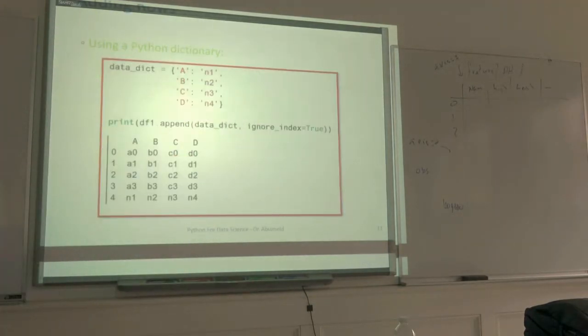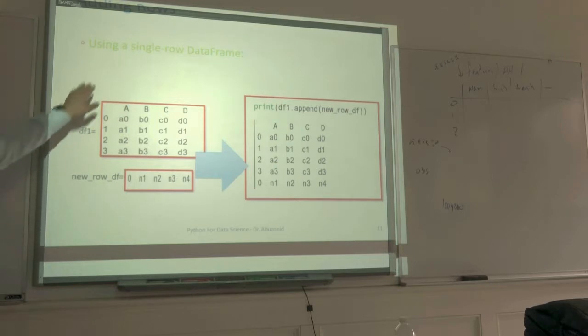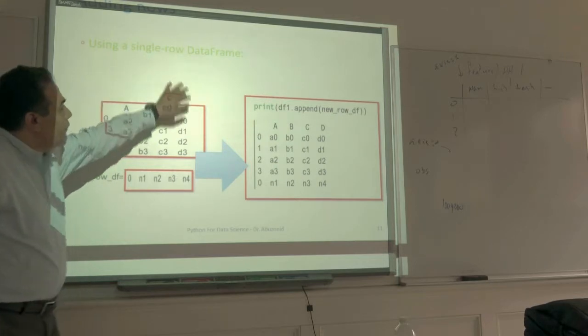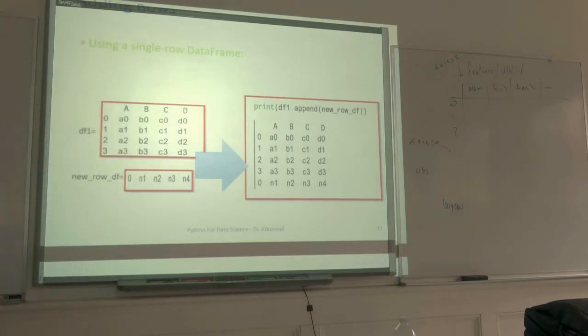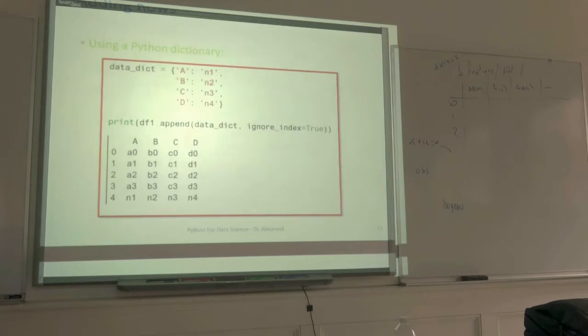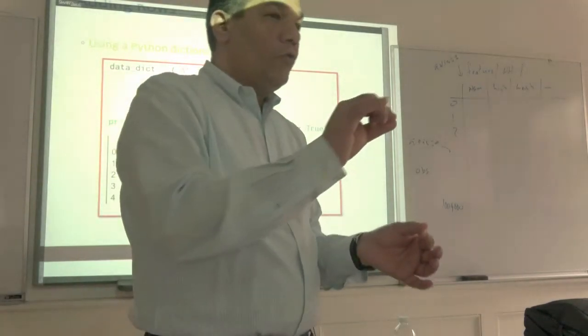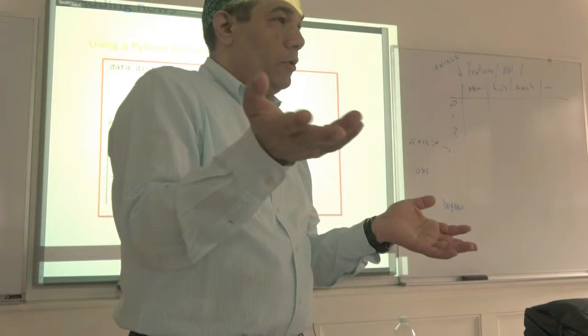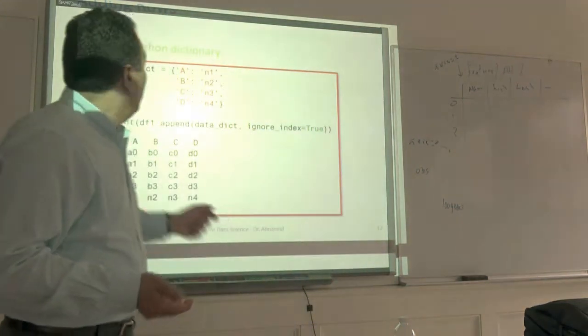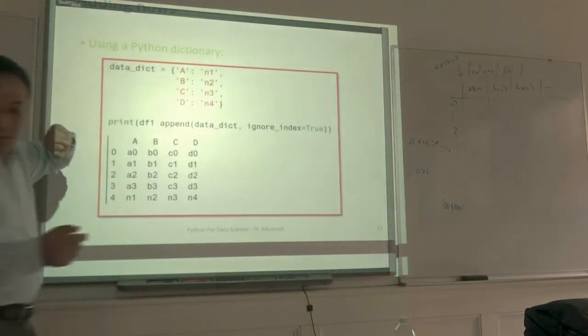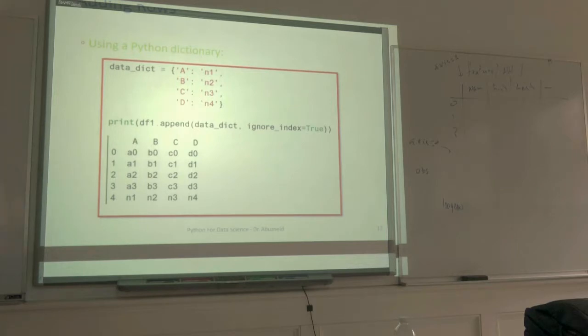For example, using a single row data frame: if I need to add a row, I'll create a data frame with one row, and I'll add it. Simple, right? Or, if I need to add multiple rows, I could use a dictionary.